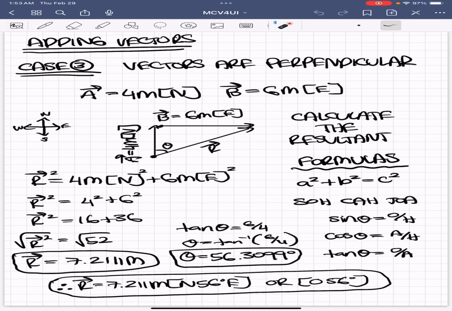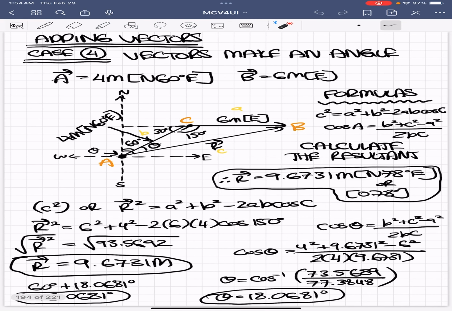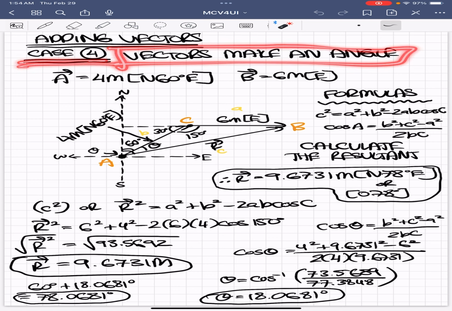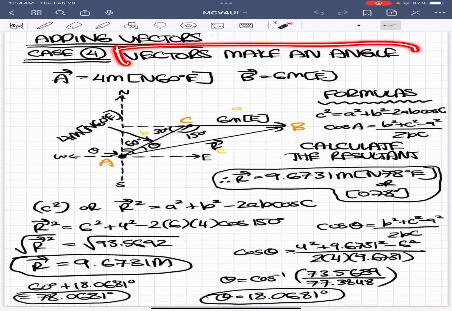And moving on to case number 4, in which vectors make an angle. What the heck is going on here? I know it seems complicated because this diagram looks complicated.